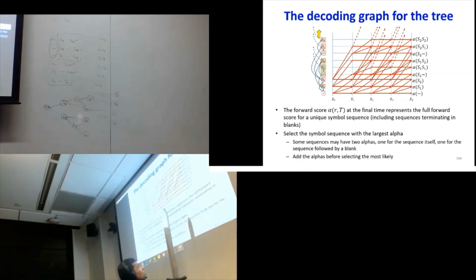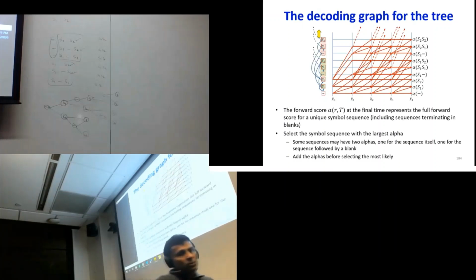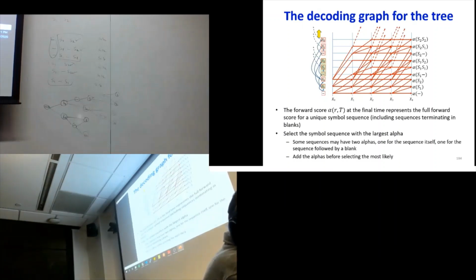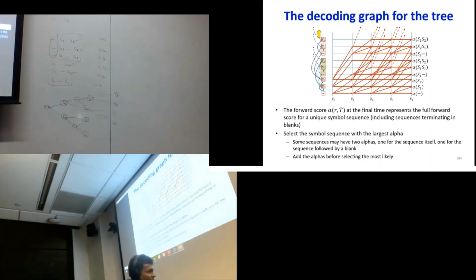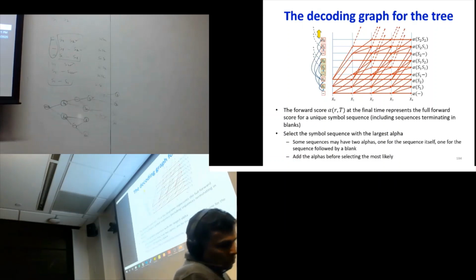Now the alpha, of course, is going to require you to compute symbol probabilities at each of these nodes, and those symbol probabilities are going to be obtained from the network, right? So all you have to do is to construct the tree as we have over here, and then flatten the tree as shown up here to the left, and then compose the graph, the trellis that we have to the right, and then perform the forward algorithm on this trellis.